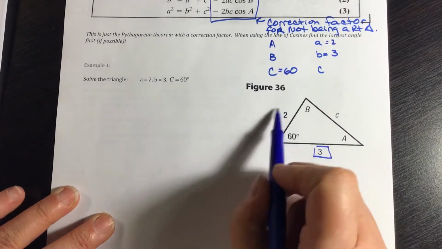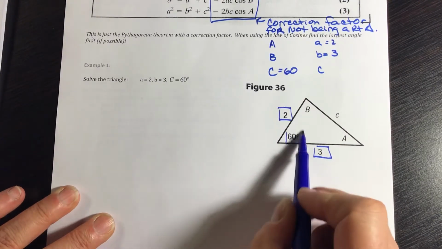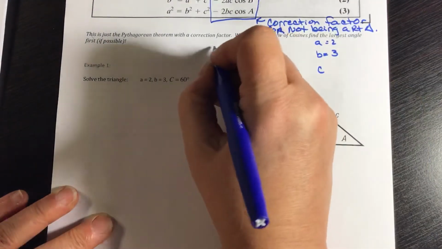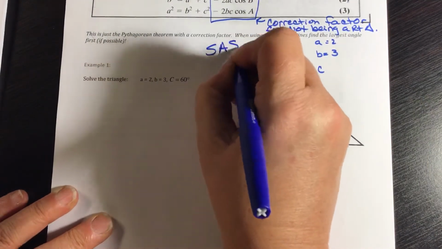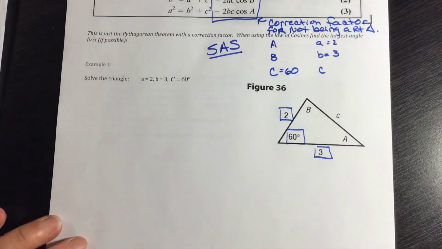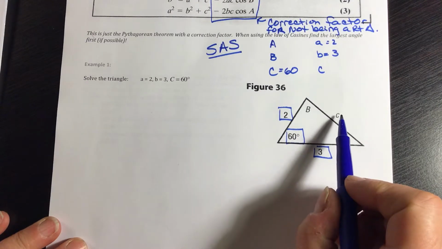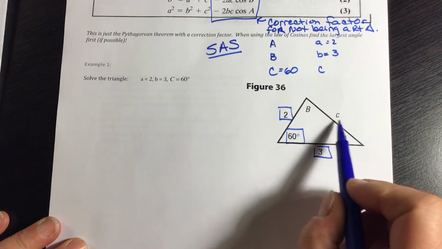So here's a side, and this is the angle between them. So this is a side angle side triangle. All right, so I want to find the length of side C.